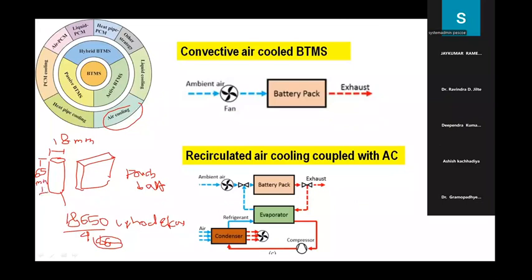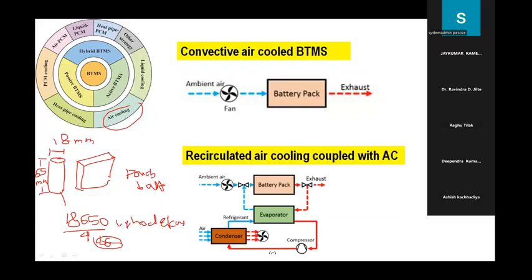So a single battery will not be sufficient to provide the power required in electric vehicles. So we connect a large number of batteries together in series and parallel connections to make the required capacity. That is called a battery pack.